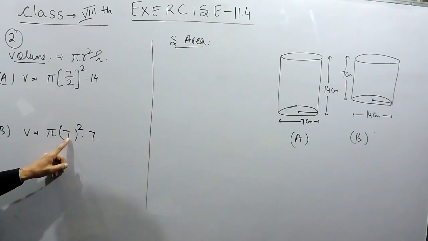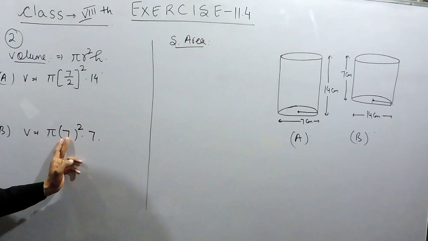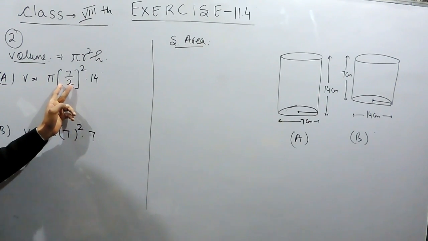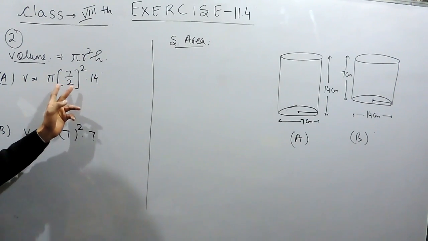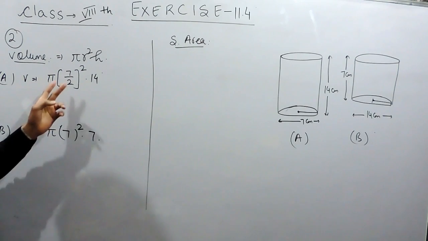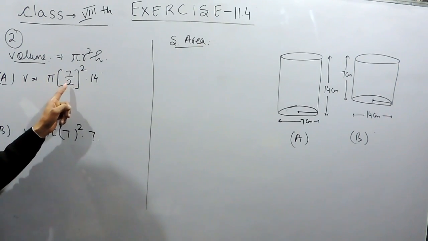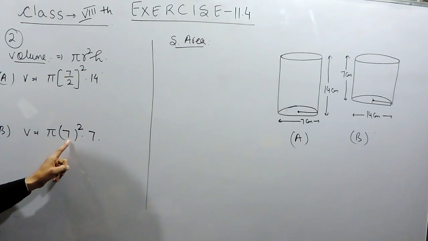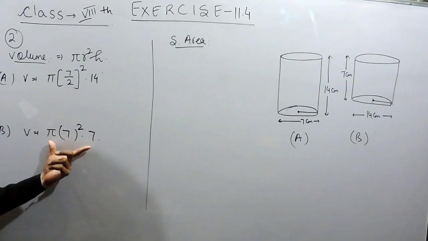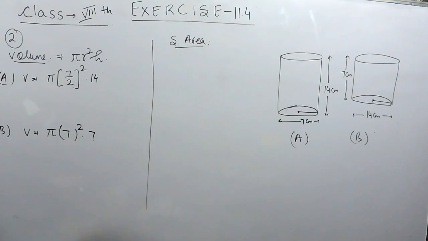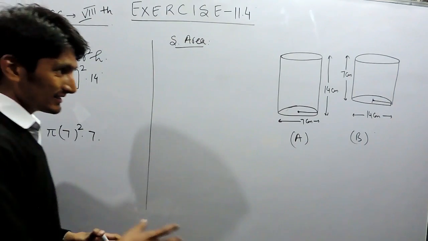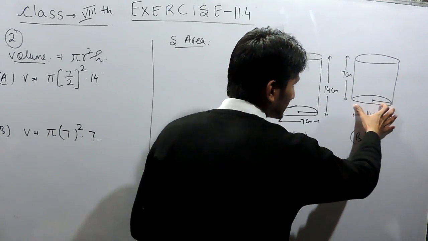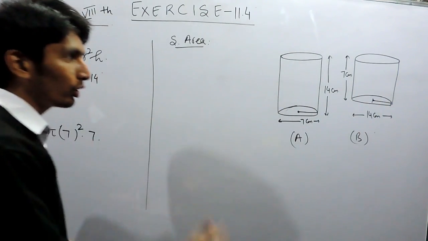So 7 square will be 49, and here it is 3.5. So 3.5 square will be around 9 or 10 or 11. So here this value is multiplied with 10, here this value is multiplied with 49. So clearly this value will be greater. So we can conclude that the cylinder having more base radius will have more volume.